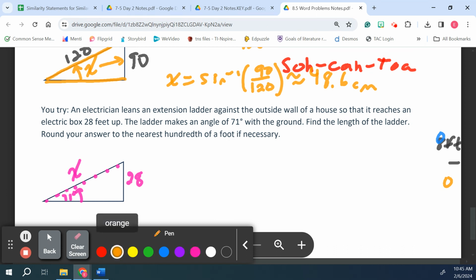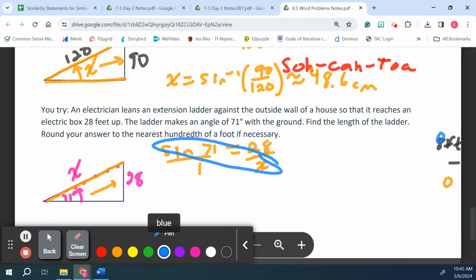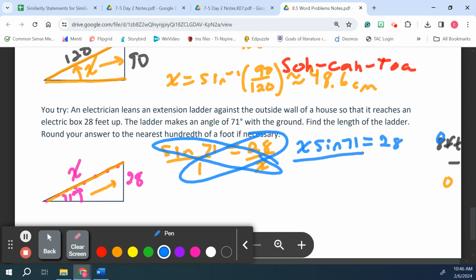So looking at this, I have an opposite and a hypotenuse. So I need to use the sine of 71 equals 28 over x. Put a 1 over this, and then we just solve the proportional relationship. So this will be x times the sine of 71 degrees equals 1 times 28, which is 28. Divide both sides by the sine of 71.